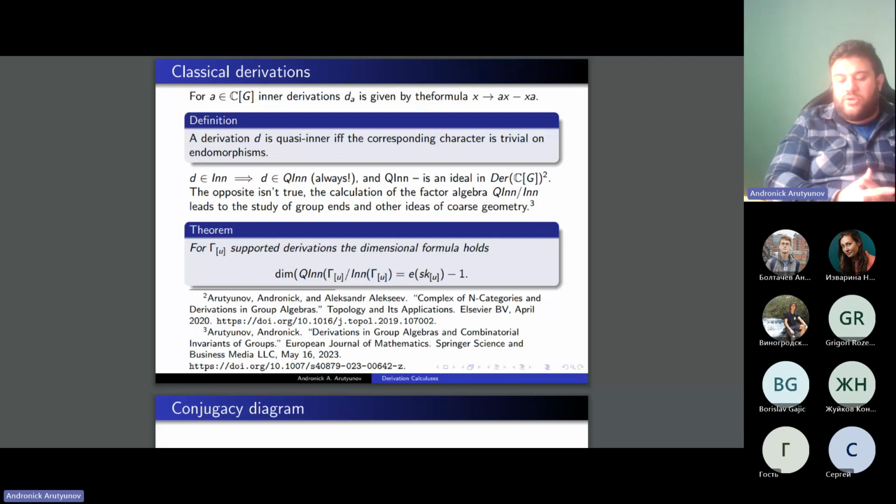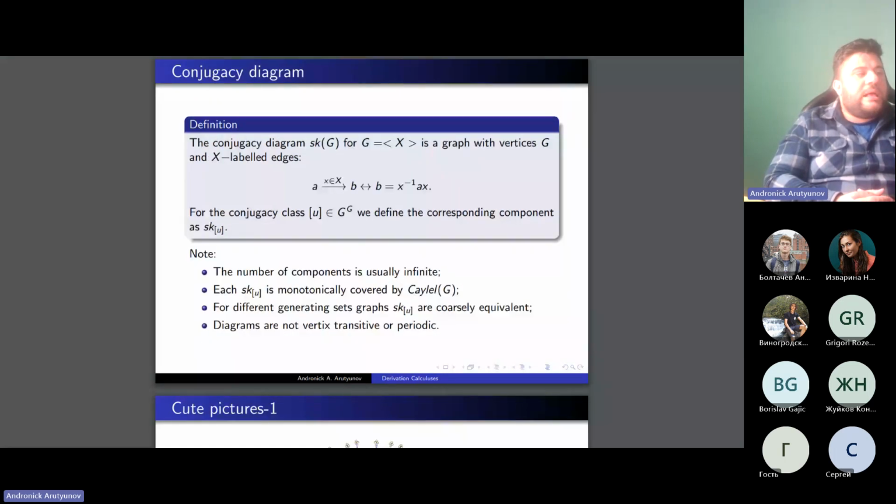So what is this graph? This graph is called the conjugacy diagram. It is similar to the Cayley graph, and it is defined as follows. You have elements of the group as vertices, and you have labeled edges.